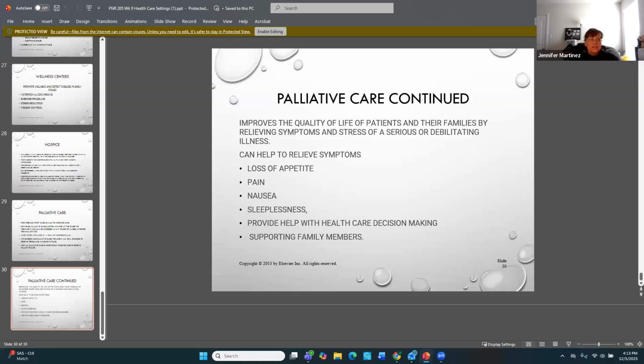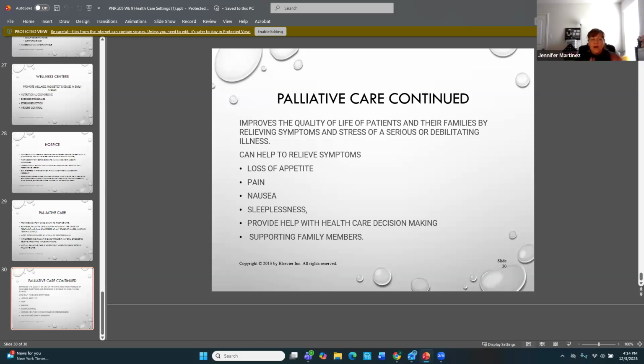The goal is to improve the quality of life, not just of our clients, but of their family members as well, by relieving symptoms and stress of a serious or debilitating illness. So things like helping relieve symptoms of loss of appetite, pain, nausea, sleeplessness, providing help with healthcare decision making, as well as supporting, right, family members.